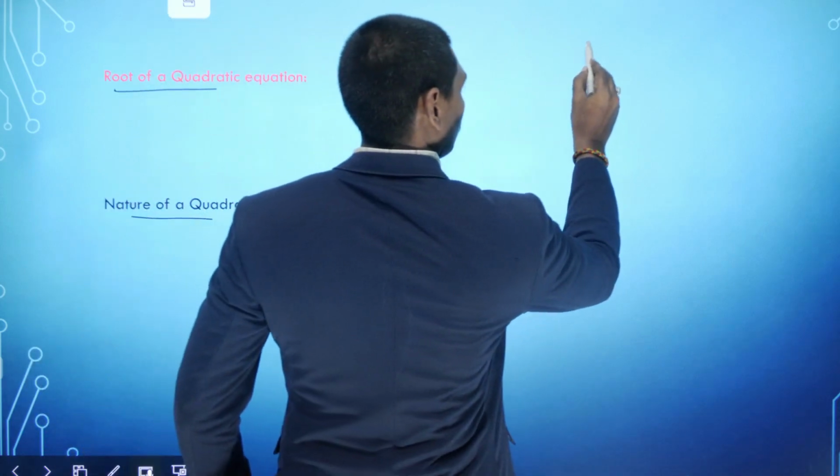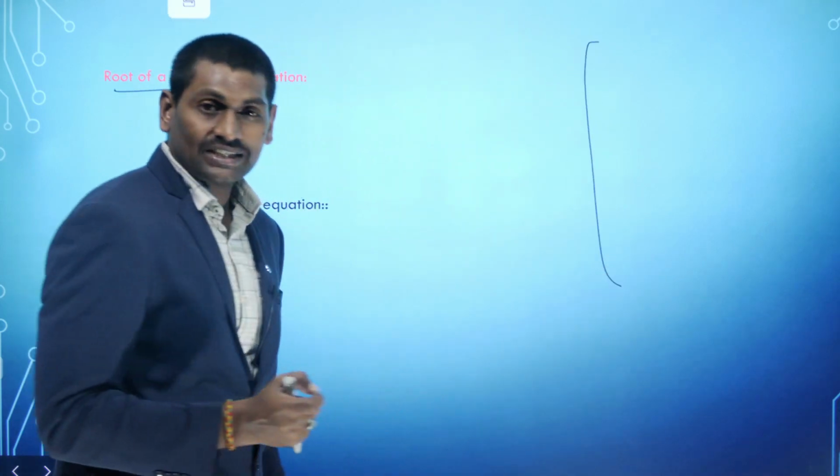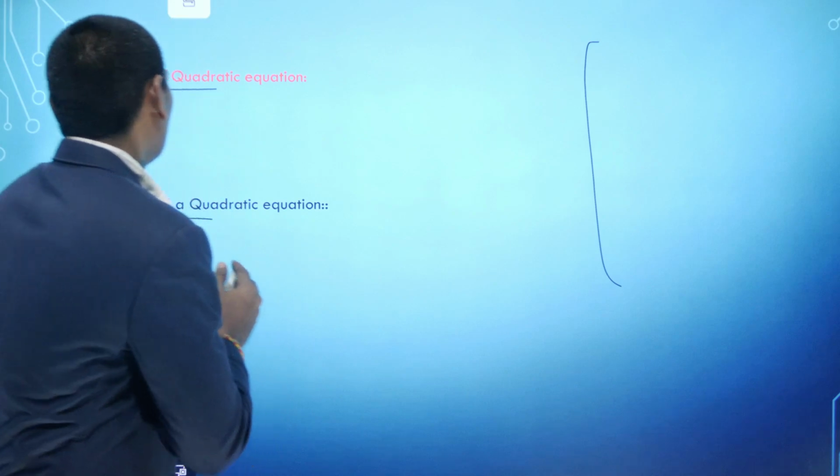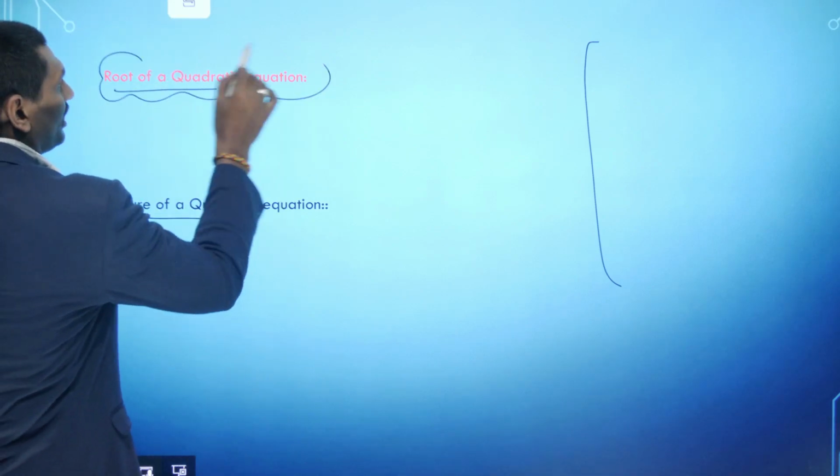Among the types of quadratic equations, we have discussed the pure quadratic equation and the monic quadratic equation, and also we have discussed the shape of a quadratic equation when we represent it in graphical form. Am I right? Now coming to the root of a quadratic equation.